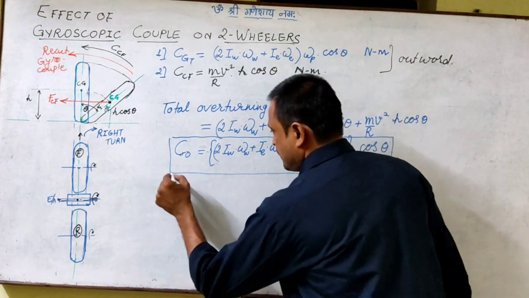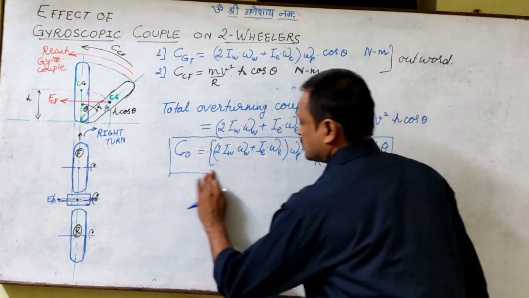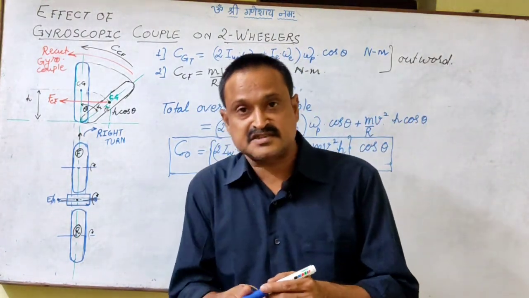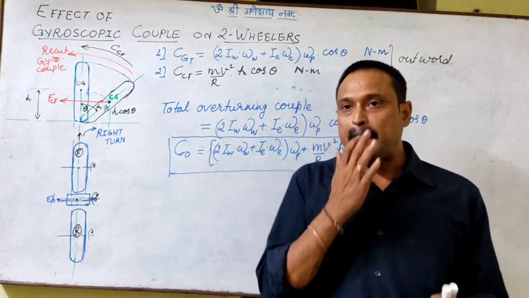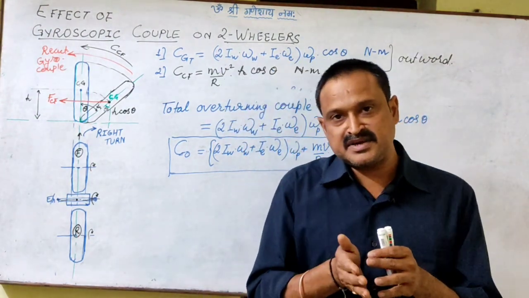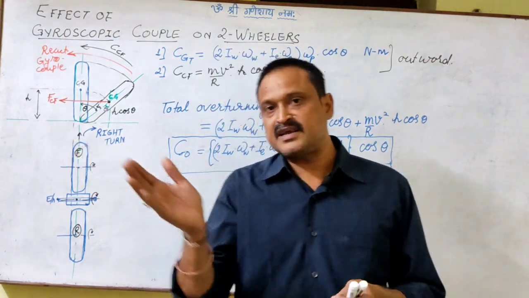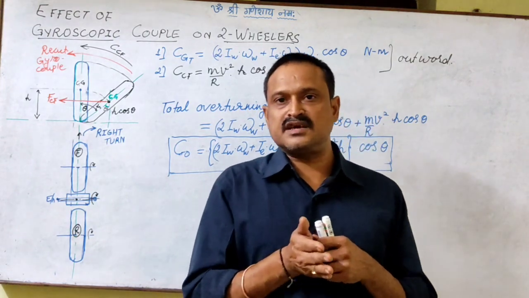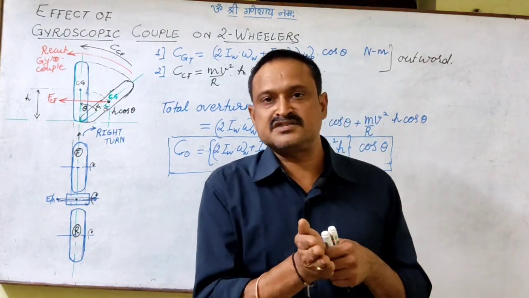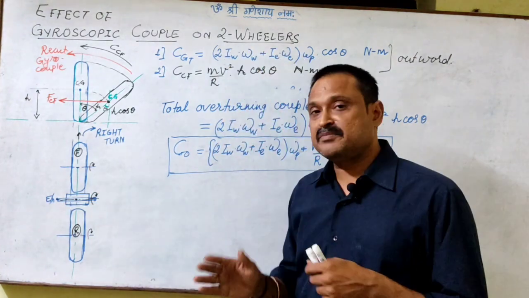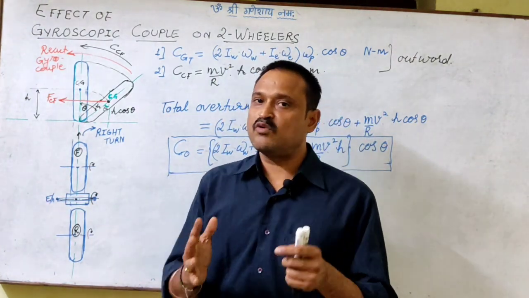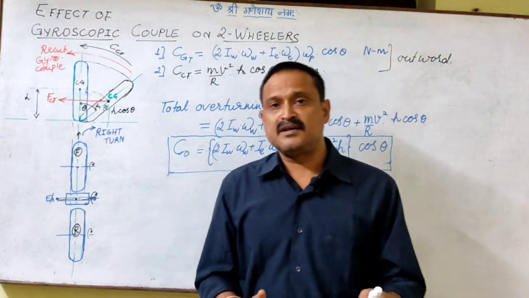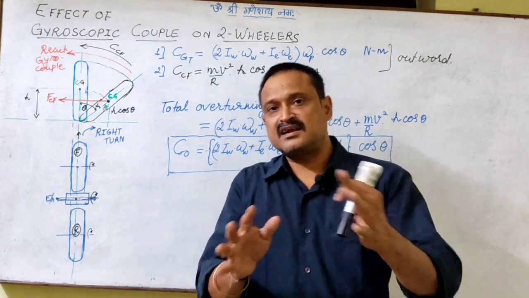Now, when the vehicle is taking a turn, the magnitude of overturning couple acting on the system is this, right? Now to take a stable turn, that means to take the turn comfortably, this much magnitude of overturning couple has to be compensated by a couple or a moment exactly opposite to it.